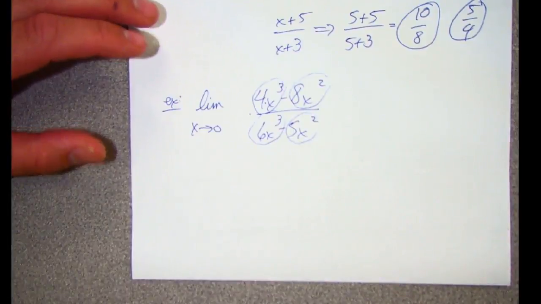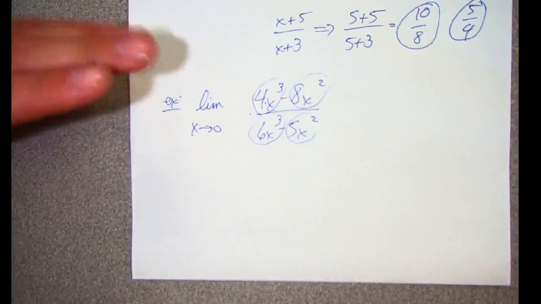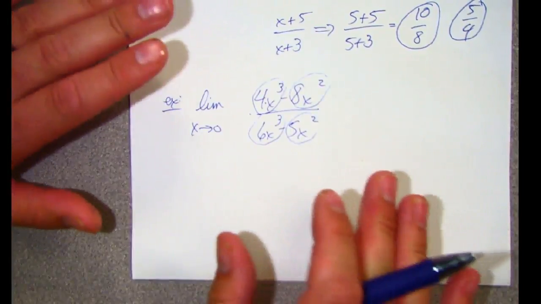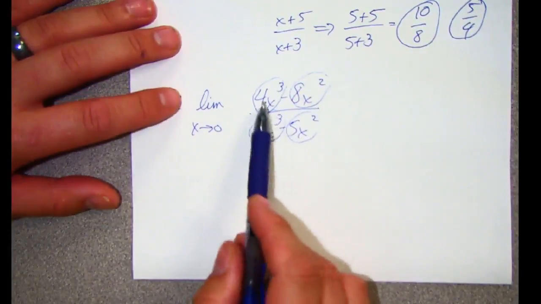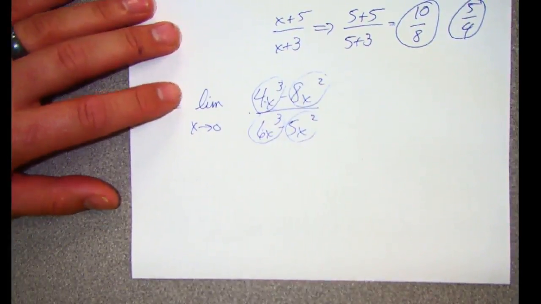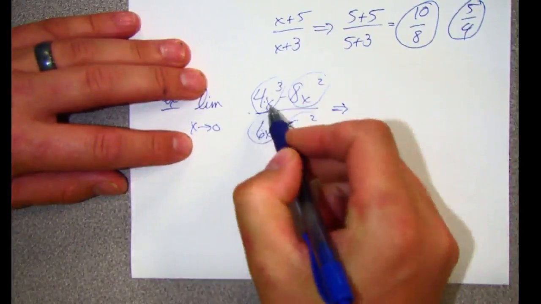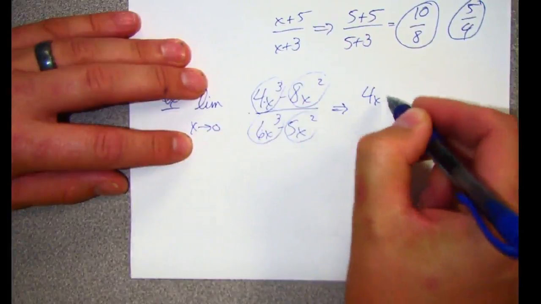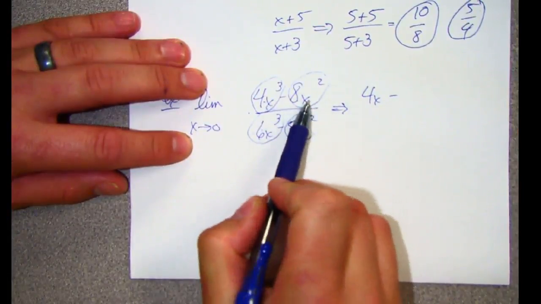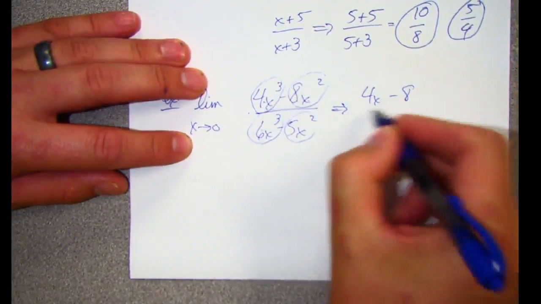And there's actually something that is in common in all 4 of those terms that you can just cancel out, just get rid of and just eliminate. So there's an x squared in each one of those. So what I'm going to do is take an x squared out of each one of those. If I took an x squared from this, what would be left is 4x. If I took an x squared from this, what would be left is 8.